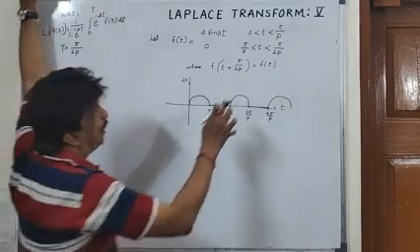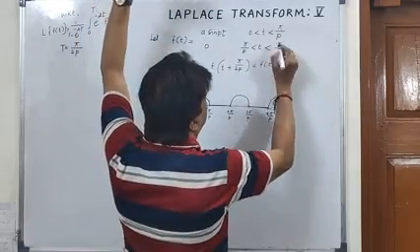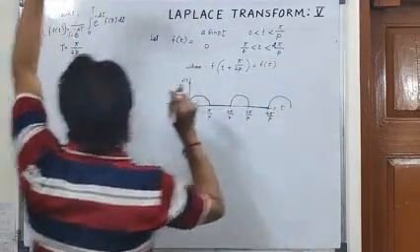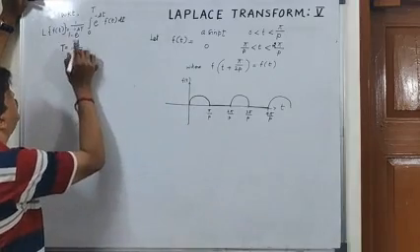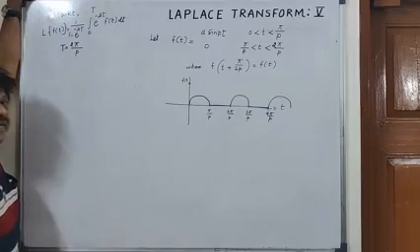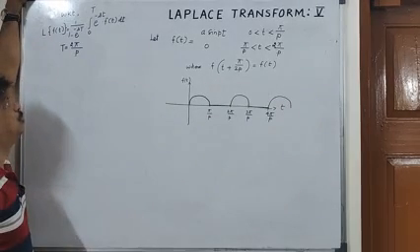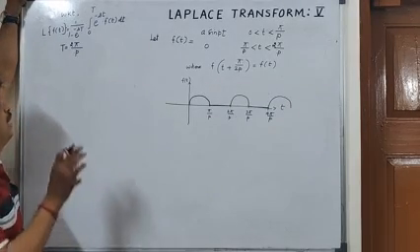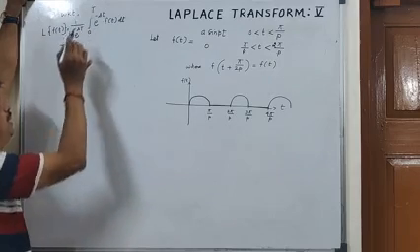Sorry, the period is not half, perhaps 2 times. The period is 2 pi by p. So now I shall substitute the value of capital T in this formula.